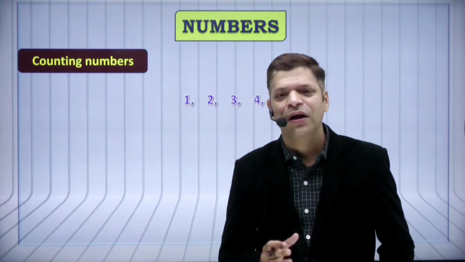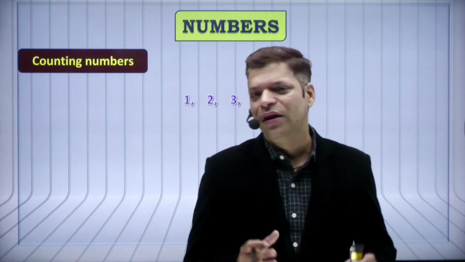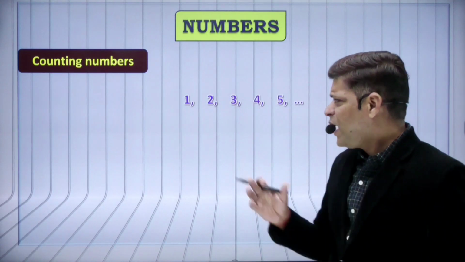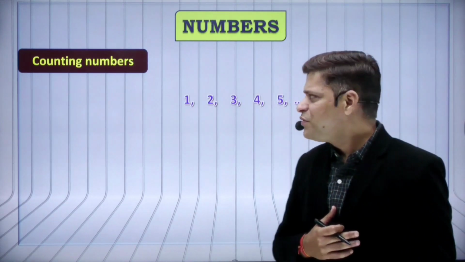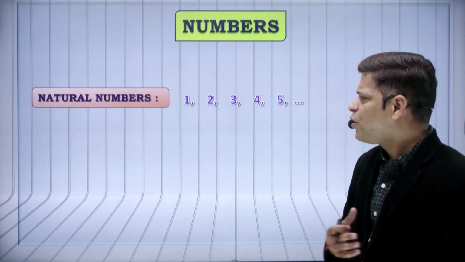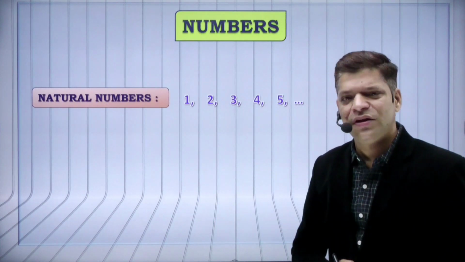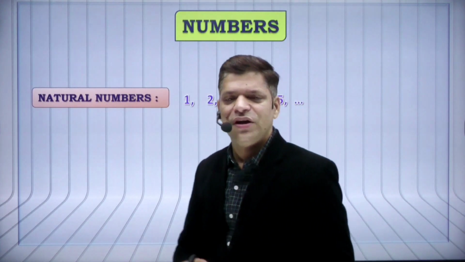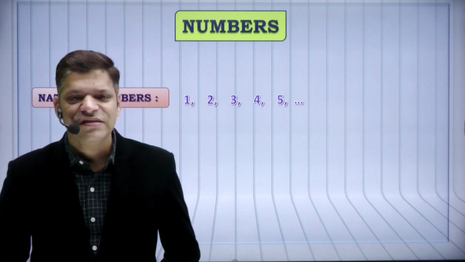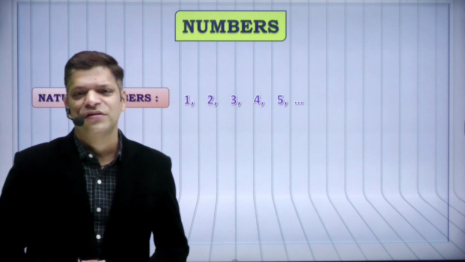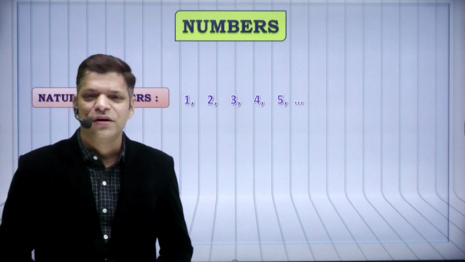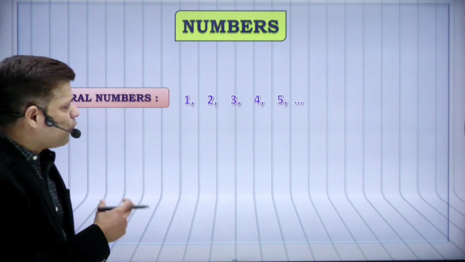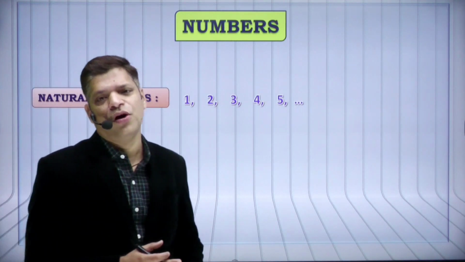What is the other name of the counting numbers? These counting numbers are called natural numbers. So in the number system, the first numbers we discuss are natural numbers, denoted by 1, 2, 3, 4, 5 and so on.